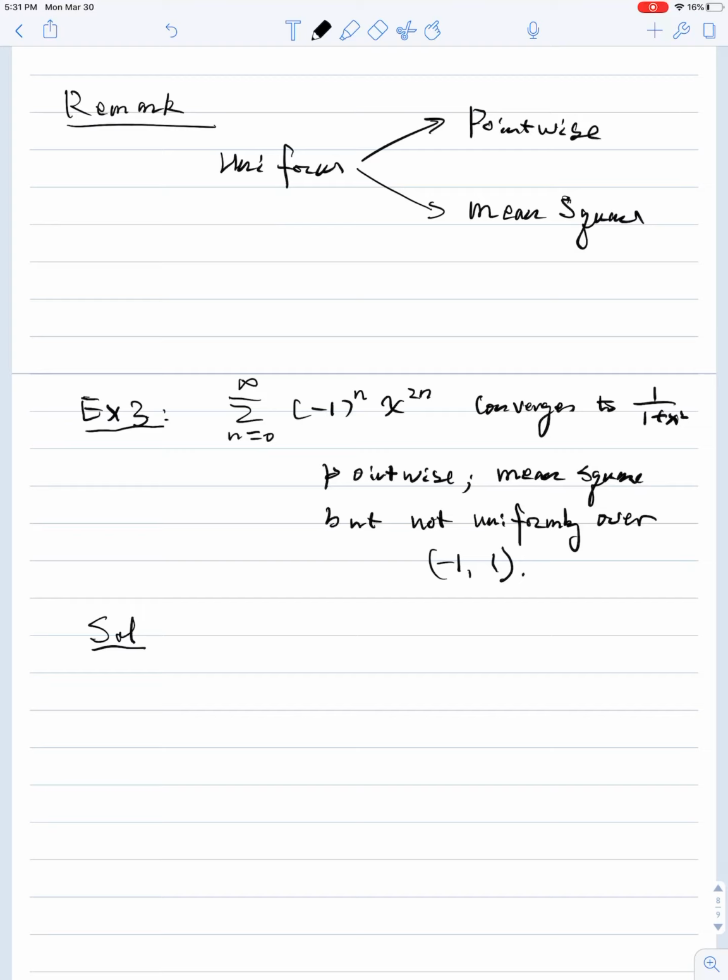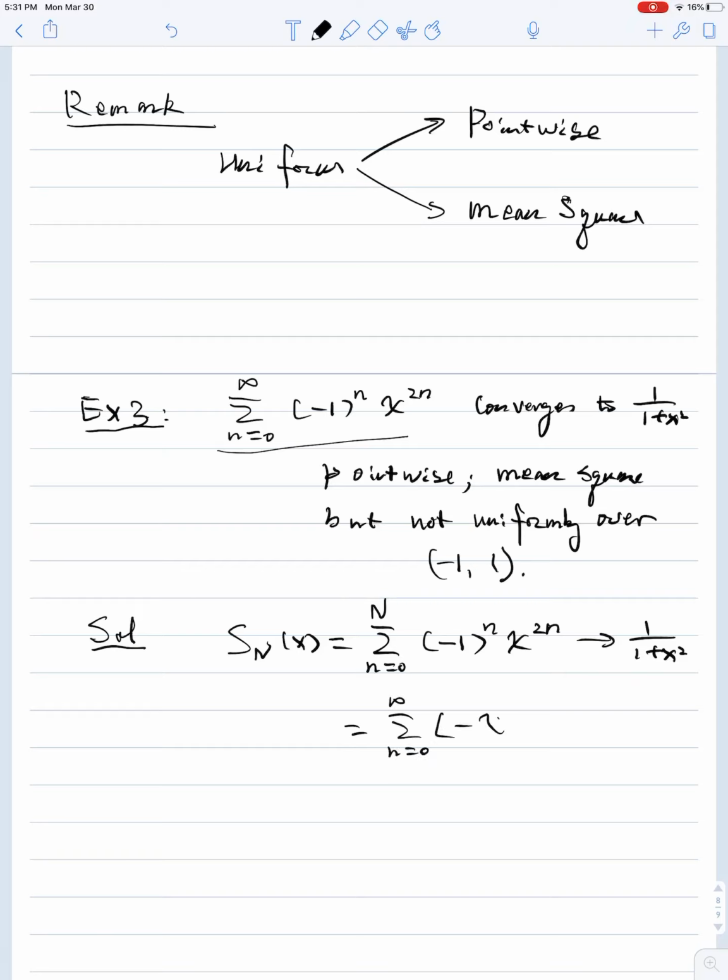When we talk about convergence, it means that the finite sum, from 0 to capital N of (-1)^n x^(2n), converges to this function 1 over (1 + x squared). Now this finite sum is actually a geometric series with common ratio -x squared.